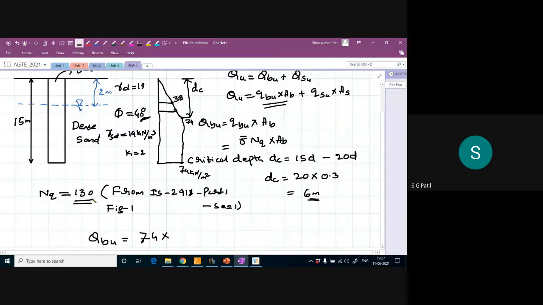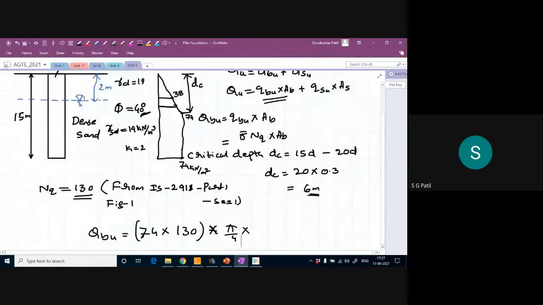NQ how much? 130. 74 into 130 into base area. So that is pi by 4 into diameter. What is the diameter of this pile? 300, that is 0.3 meter. Pi by 4 d square. How much are you getting? QBU, calculate.